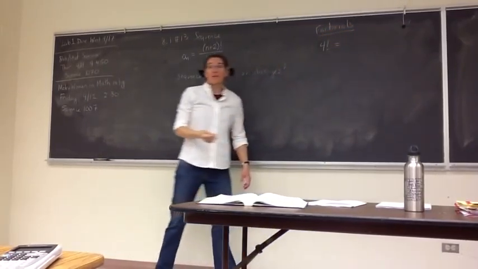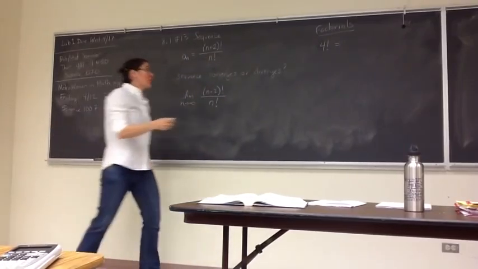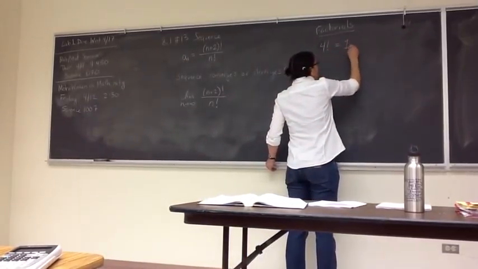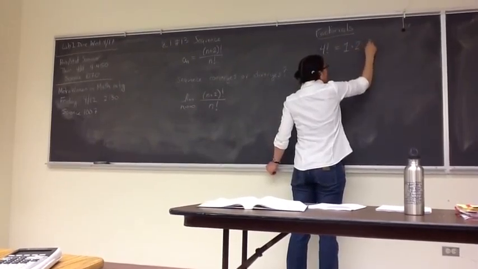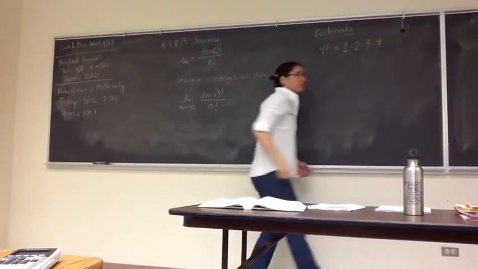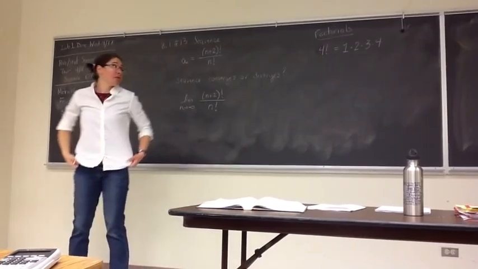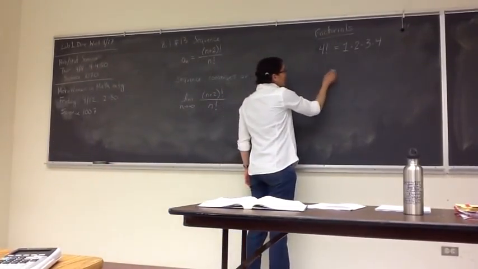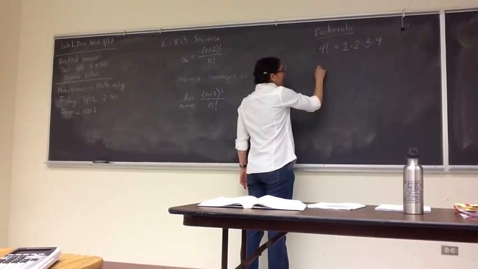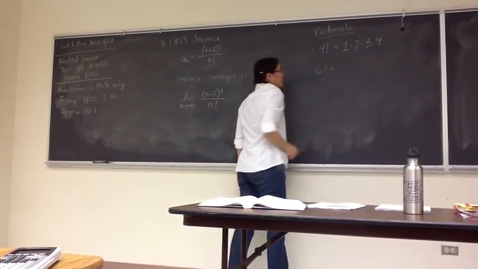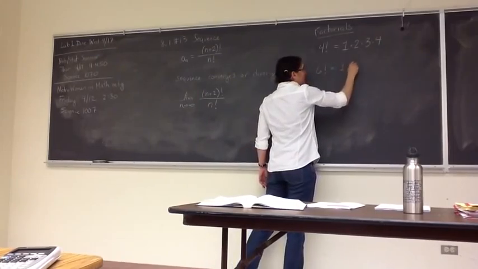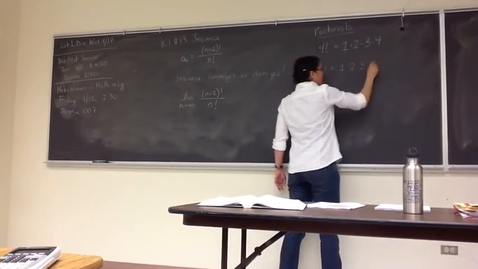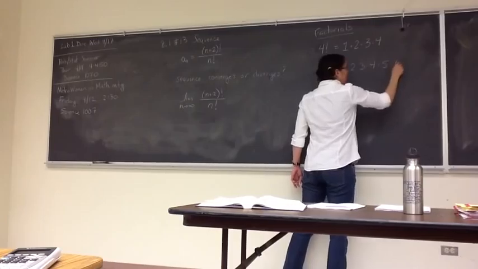If I have 4 factorial, that means that I'm starting at the number 1 and multiplying every whole number until I reach 4. So 4 factorial is a shorthand way of writing 1 times 2 times 3 times 4. And 6 factorial is 1 times 2 times 3 times 4 times 5 times 6.